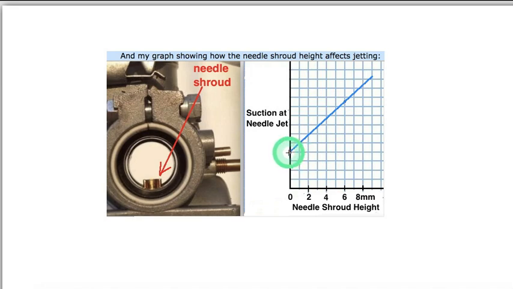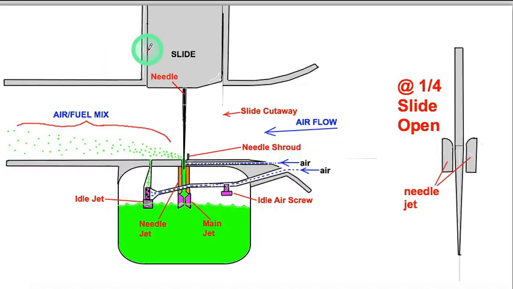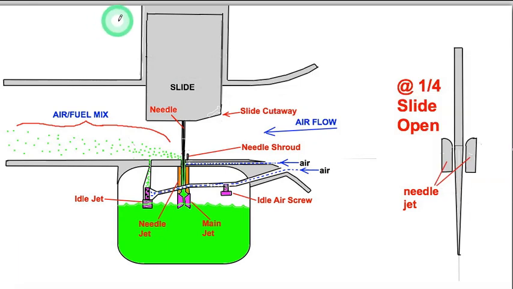So you can see as the height increased from 0, that means it's cut all the way down to the venturi, at 4.2 millimeters it had double the suction that it had at 0. Who would have thought that such a small height would have such a large effect? But it does. But maybe I'm getting ahead of myself. Maybe we should be talking about mid-throttle jetting.